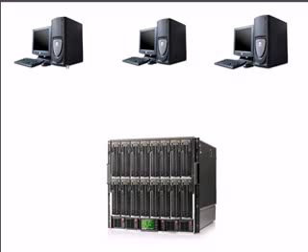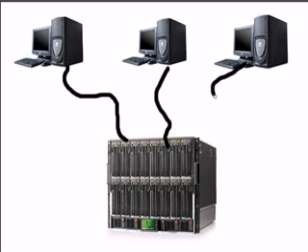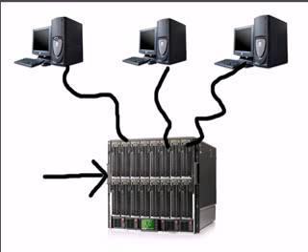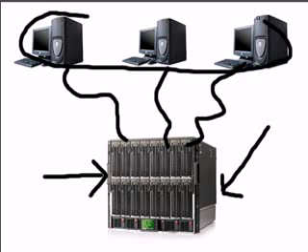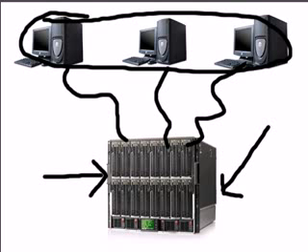So all of these computers right here can all connect to the server and get information from it. And a website is an example of something that would be on a server. A website would be stored right here, and all of these computers can see all of the information on the website. So again, this thing right here is called a server, and these are called workstations.